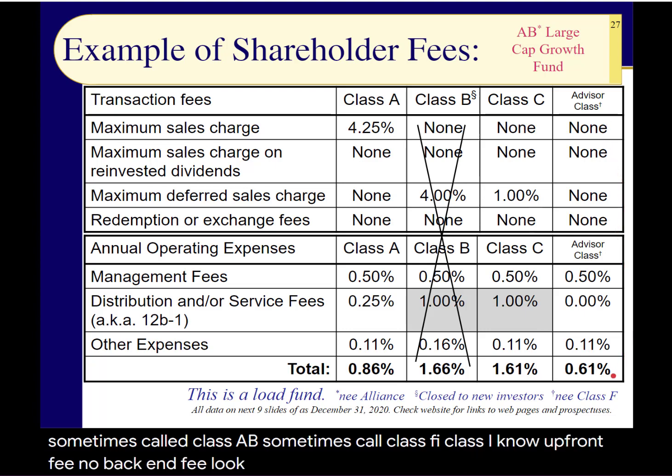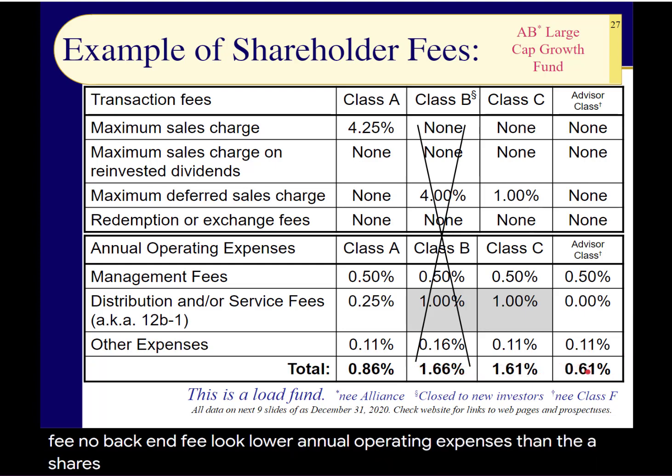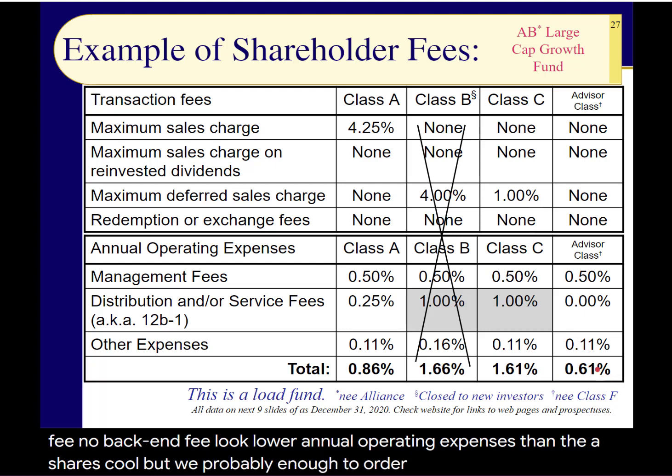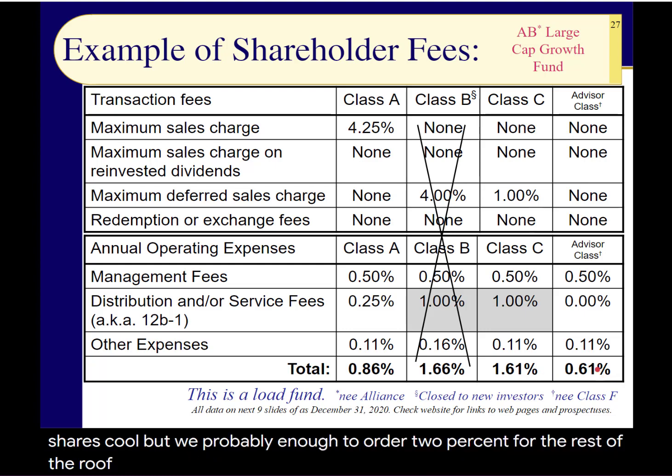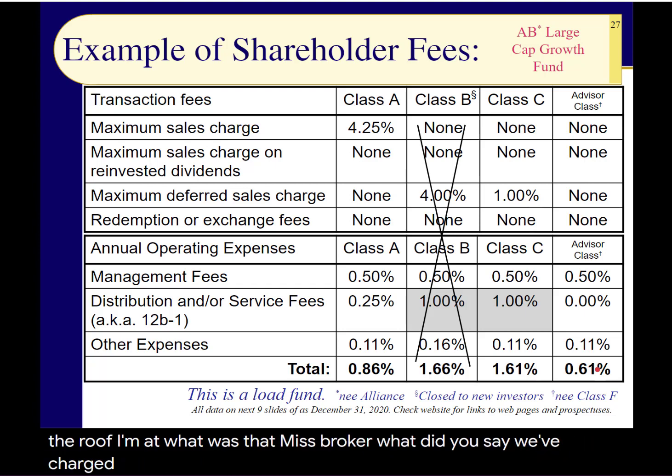Look, lower annual operating expenses than the A shares. Cool. But we'll charge you an extra 1 or 2% for the rest of your life. What was that, Ms. Broker? What did you say? We'll charge you an extra 1 or 2% for the rest of your life in perpetuity.